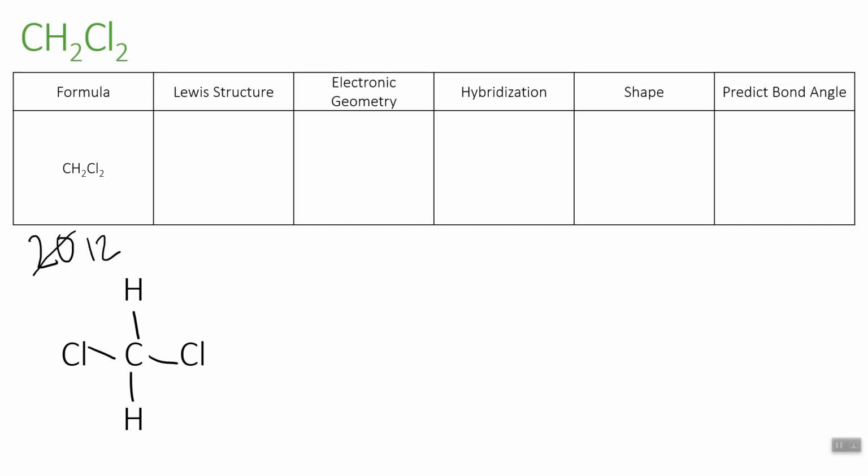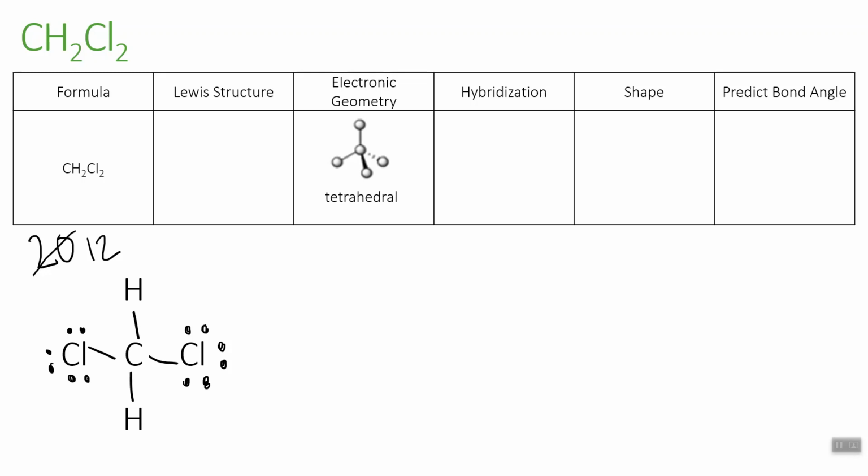So I'm going to start by placing these where I can. I can't put any on hydrogen because it can only hold 2 electrons total, but I can put 6 on each of these chlorines, and that takes care of the 12 remaining electrons. So we can check our formal charges, we can check our bonds, and everybody's going to be stable here.